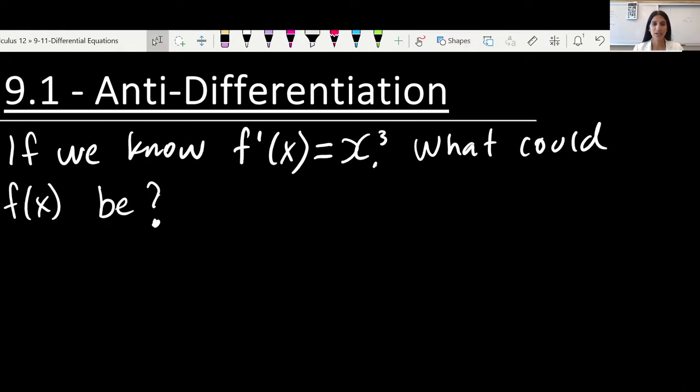So let's start off. If we know that f prime of x is equal to x cubed right here, what could f of x be? So this is us working backwards. So if we have x cubed and we know that this is the derivative, this is us completely adjusting our mindset to go backwards, to think like, how do we normally get to a derivative?